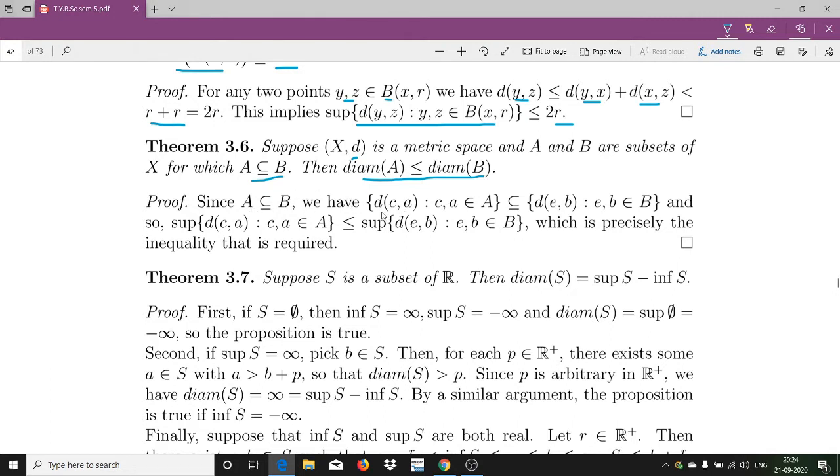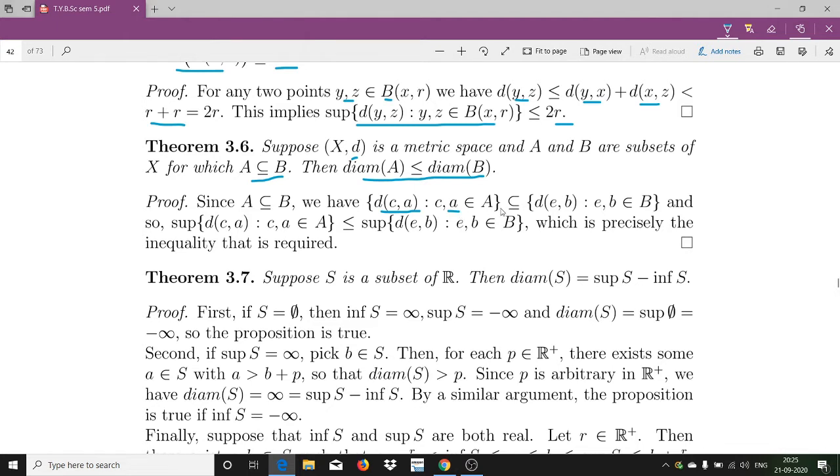If you take this set, that means distance between any 2 points of A, that means d(c, a) I am denoting, where c and a belong to A. Since c and a belong to A, and A is a subset of B, c and a belong to B also.